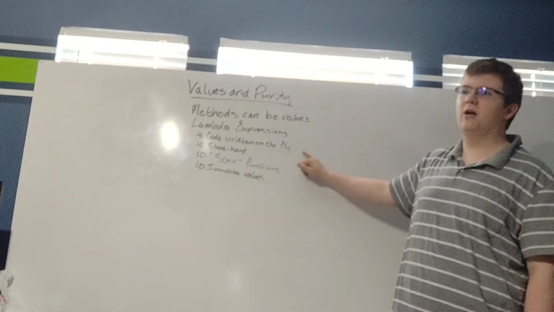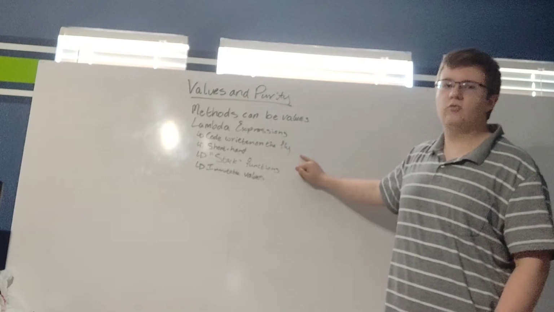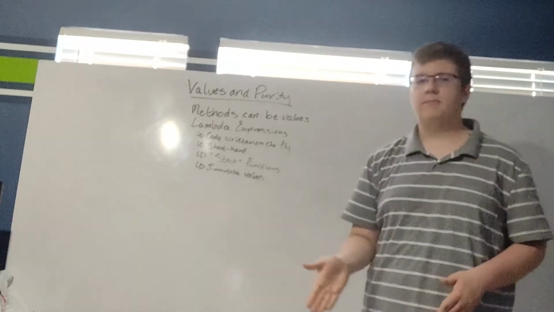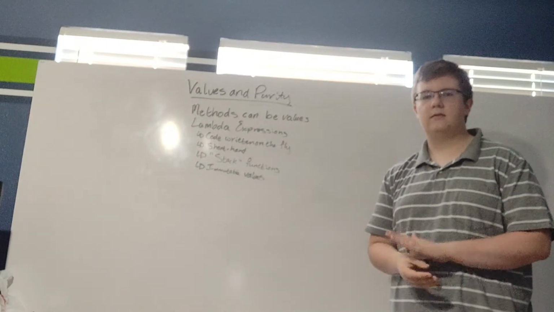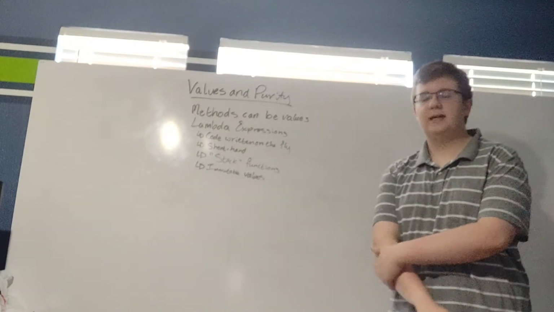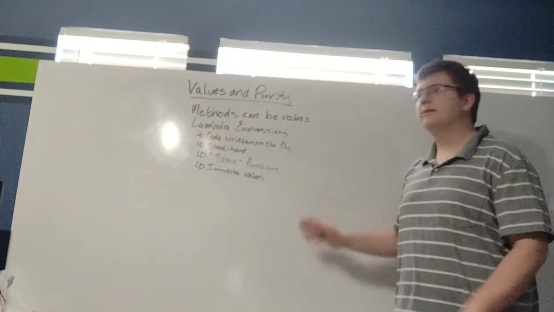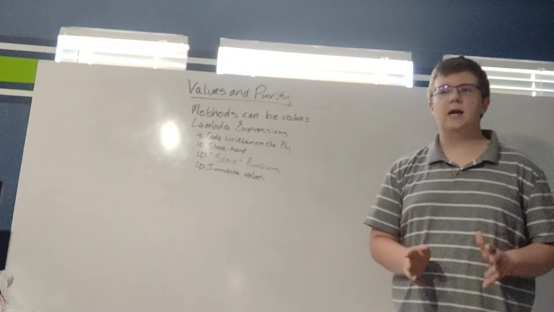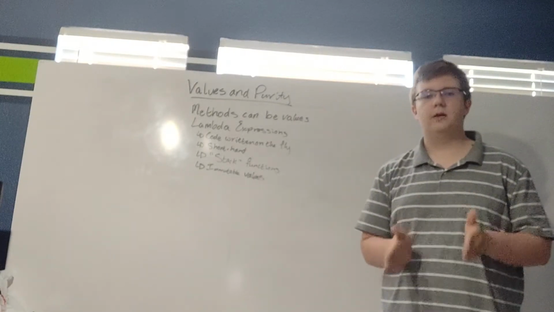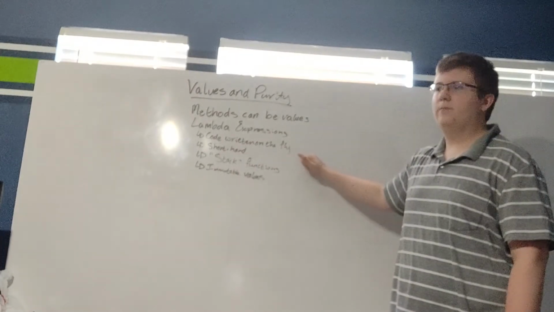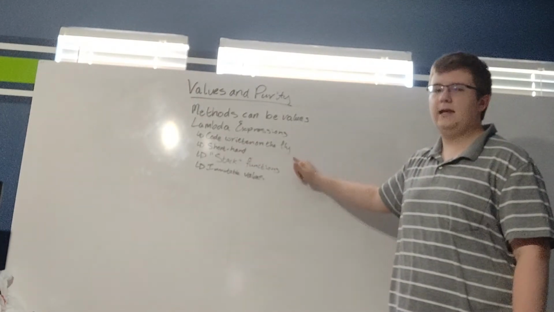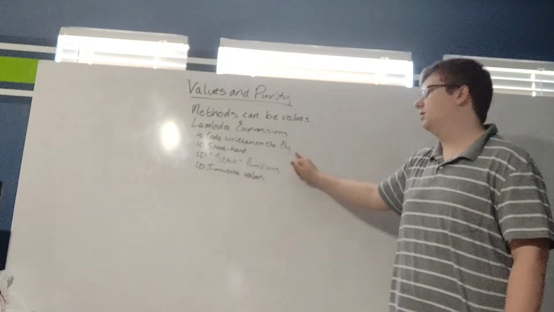Lambda expressions are only created at runtime. At compile time is when a lot of type checking happens, and I'll explain that in more videos later, and runtime is basically just for running the code. The lambda expressions break that rule. They are created and used whenever they want to be.